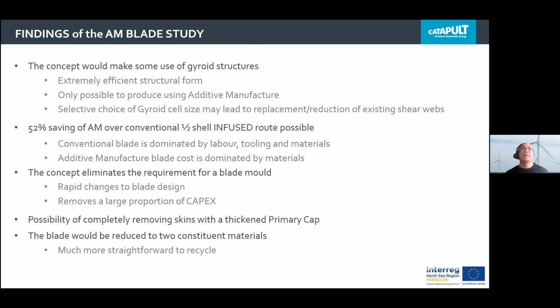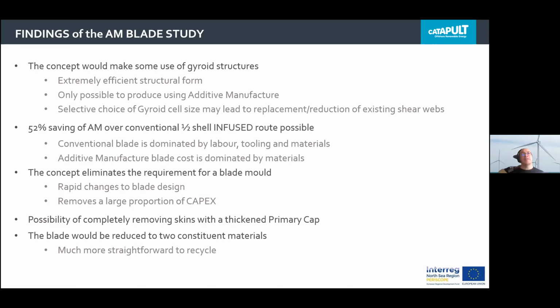So the findings of the AM blade study: the concept does make use of gyroid structures, which are an extremely efficient structural form, and they're only possible to produce using additive manufacture. We say 52% over a conventional half shell infusion. The concept eliminates a requirement for a blade mould, obviously.